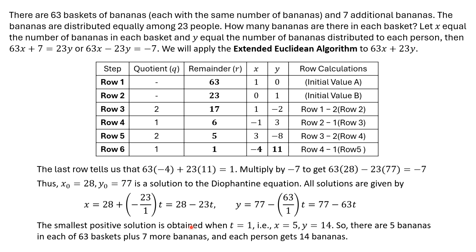So if you take larger values of t, bigger than 1, so if we take 2, then you get negative numbers in both cases. So that's not going to work. I guess you could take t equals minus 1, and then you would get positive numbers in both cases.